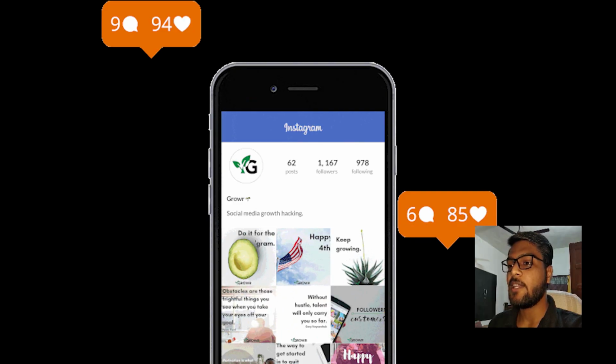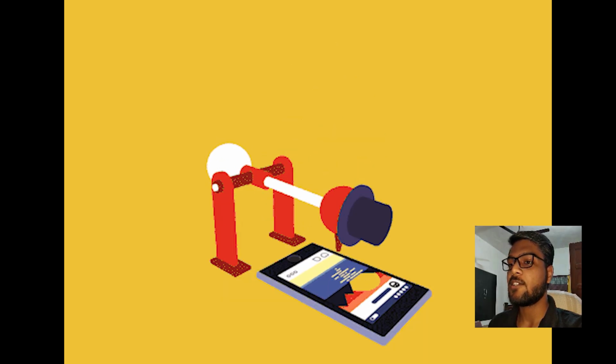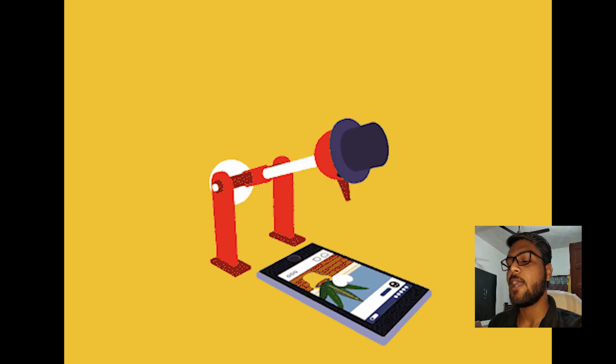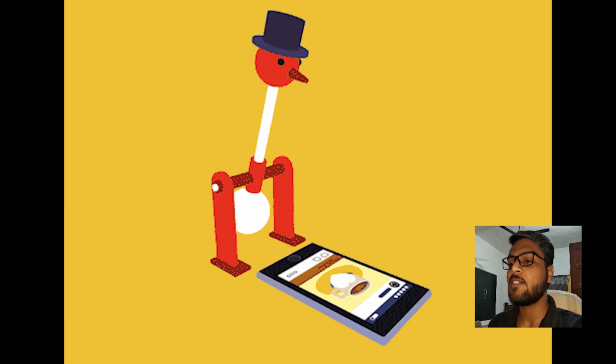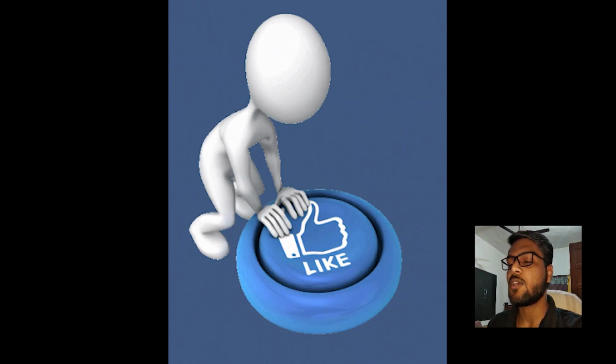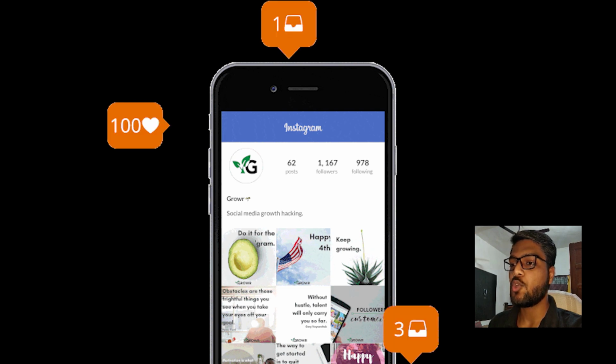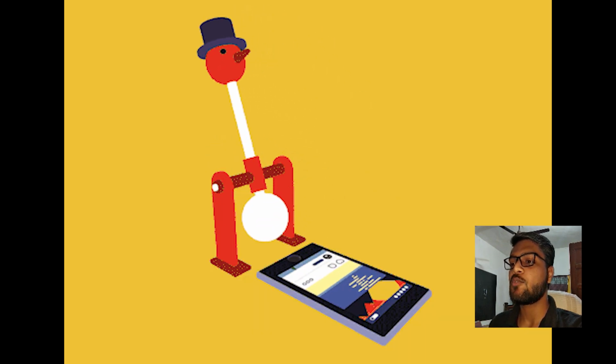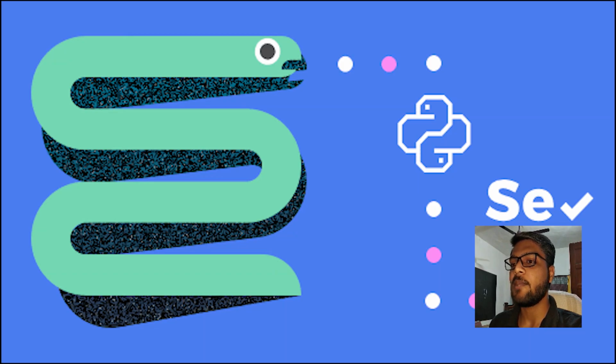You must have heard that people generally use auto likers or bots to increase the likes or views on their Instagram photos or Facebook posts. You can do a similar thing by using Selenium. You can use Selenium to automate likes on the posts of some account which you find very special.